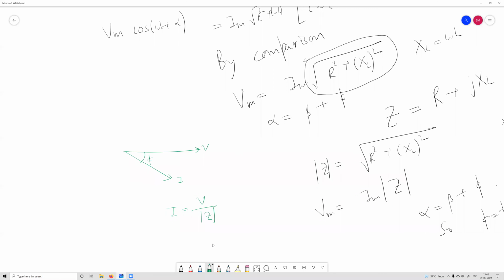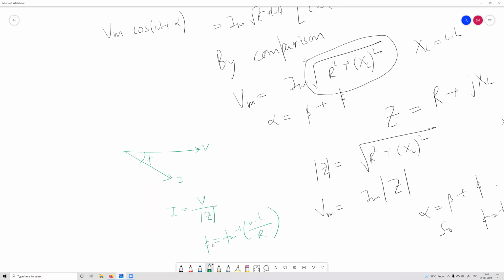Okay. So here also the voltage is leading the current, but not by 90 degrees. It is leading the current by an angle phi, where phi is tan inverse omega L by R. And you can verify: put R equal to 0, then phi becomes 90 degrees.